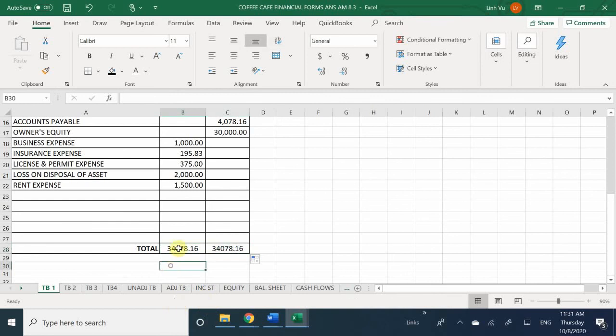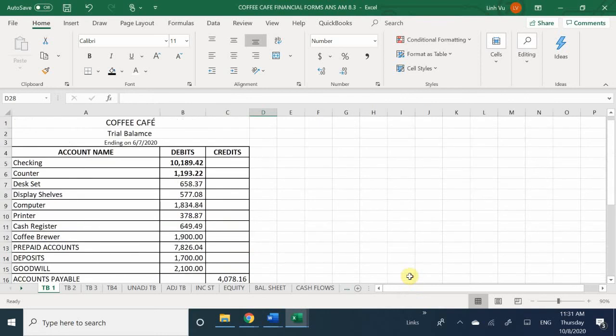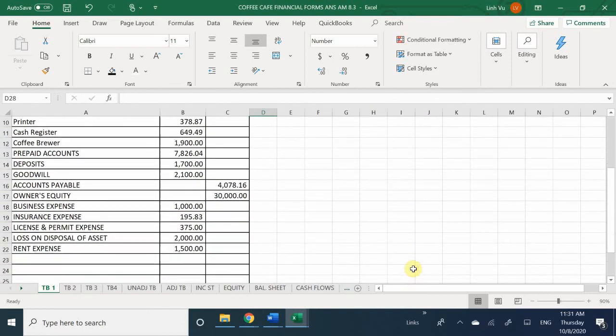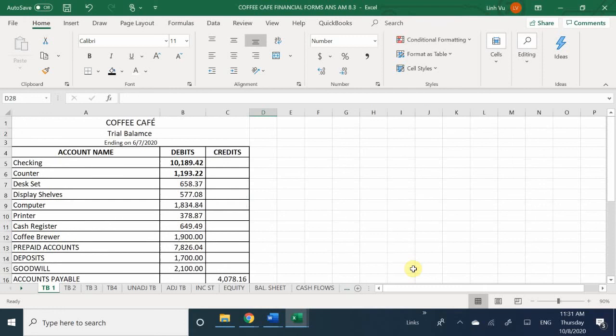Good. Boom. Therefore, we matched 100%. It's equal on both sides. So that means every transaction that we've occurred from June 1st all the way to June 7th is correct and accurate. So that means we can stop going back and having to fix anything there. Okay? So that means there's no discrepancy, no errors that we've done. Everything is correct. Okay? So yay!